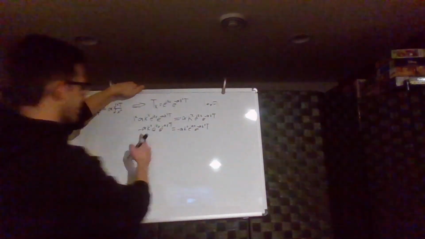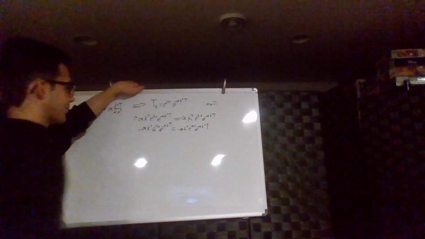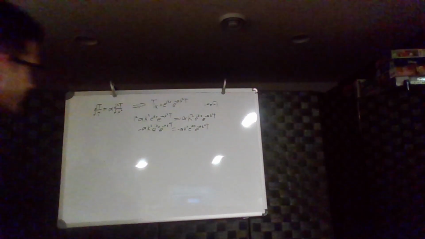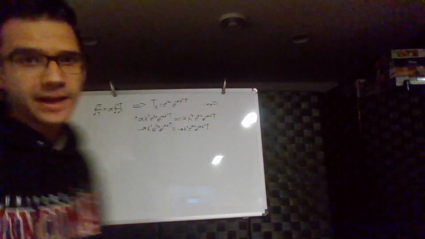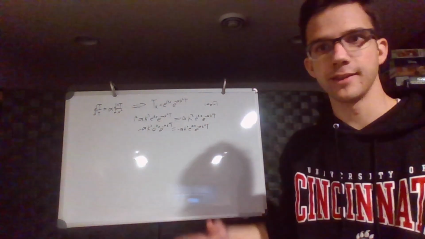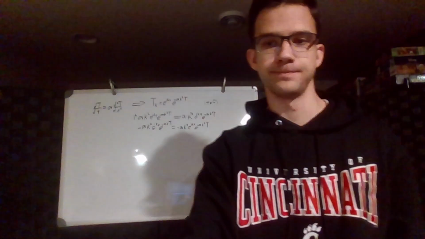And we see right here, these two sides are equal. So this is a valid way that we can express our temperature. Now let's move on to the next part, and I'll show you why we wanted to express it in this different way than last time.